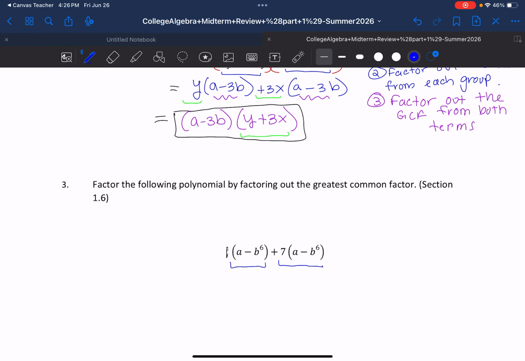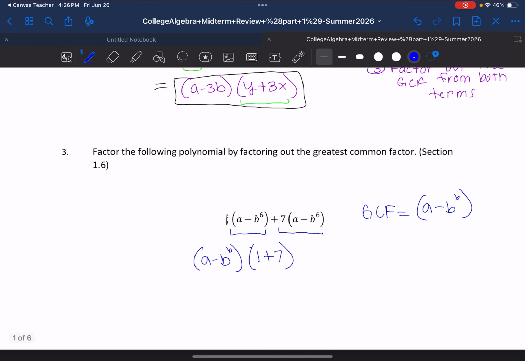So the GCF here in those two terms is the a minus b to the 6th power. So if I pull that GCF out, it gets multiplied by what's left on the outside, which would be 1 plus 7, which is just 6.